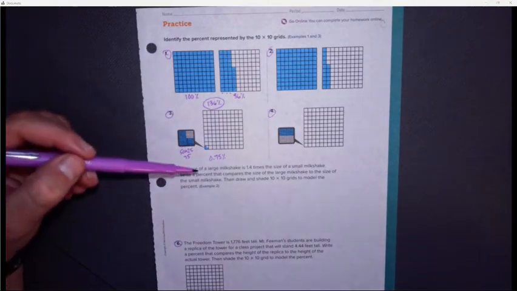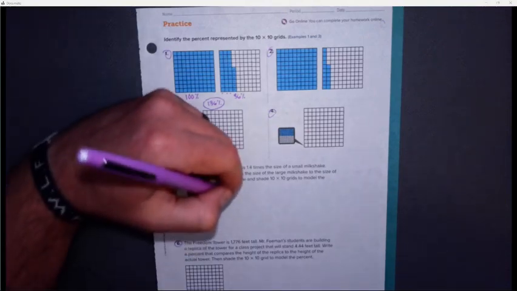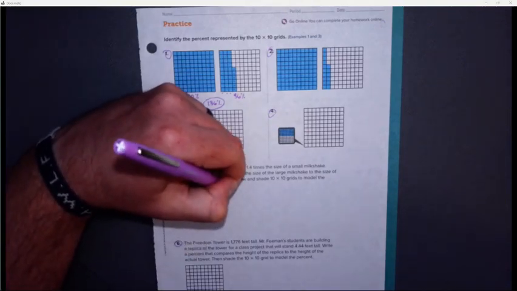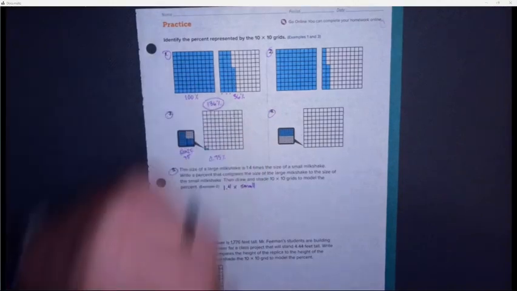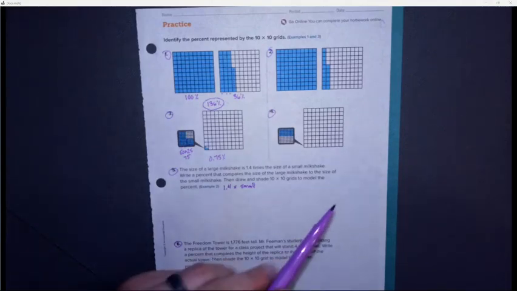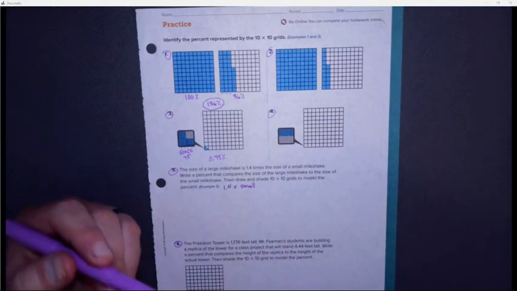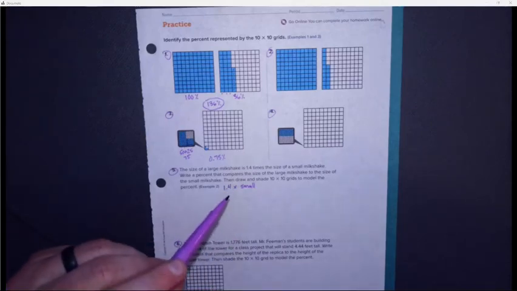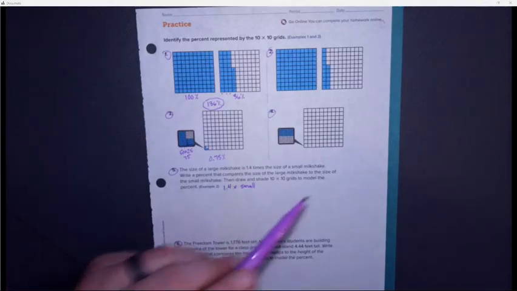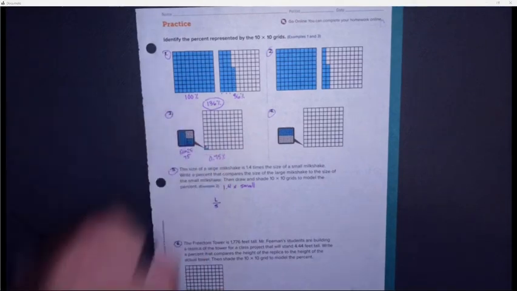So they tell us this large milkshake is 1.4 times the size of the small one. But it doesn't tell me the size of the small milkshake. But I do know that it wants me to compare and find a percent of the large milkshake to the small one. So I have the large to the small.